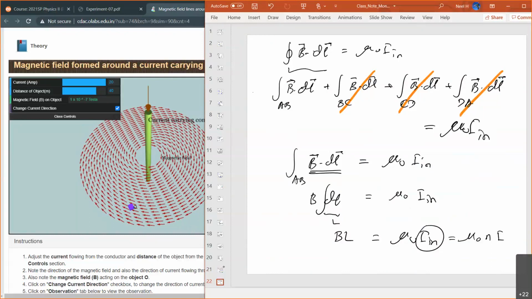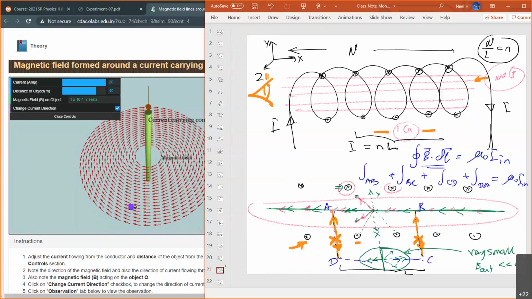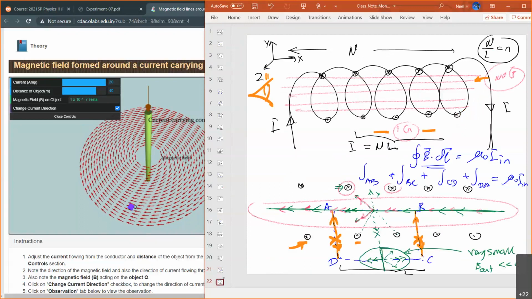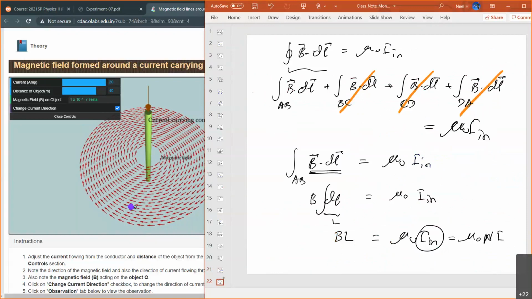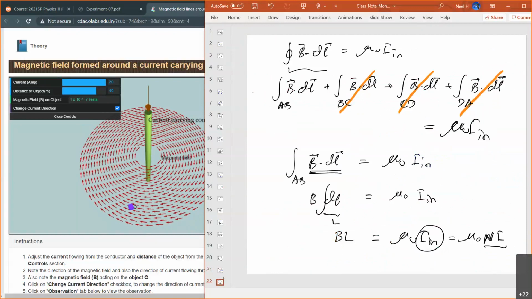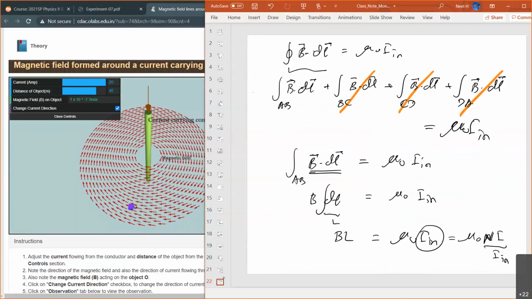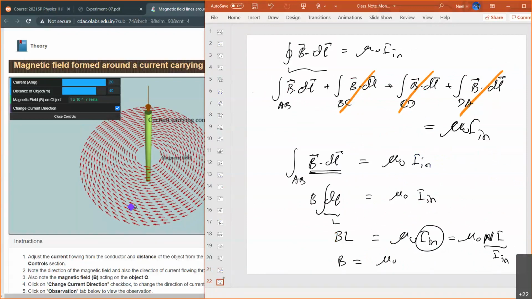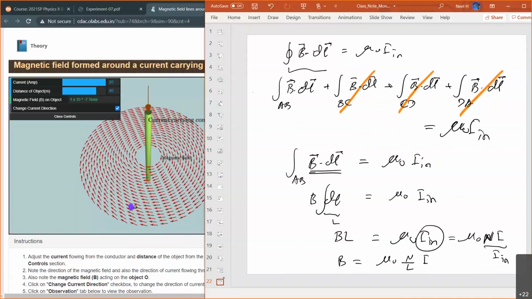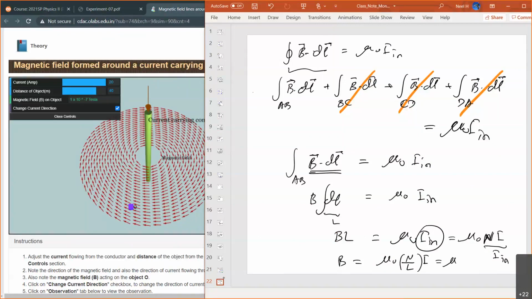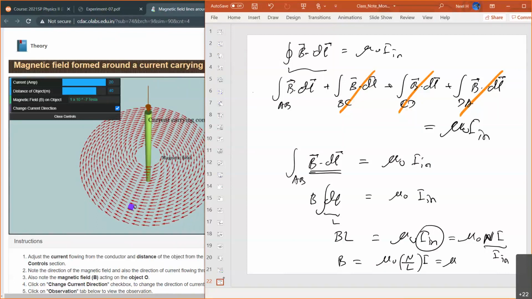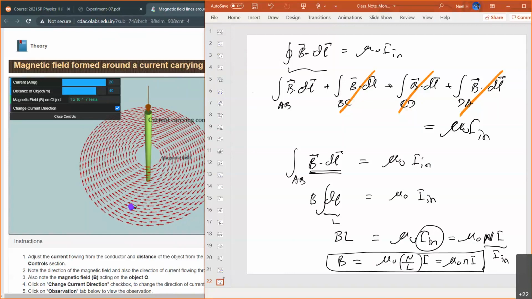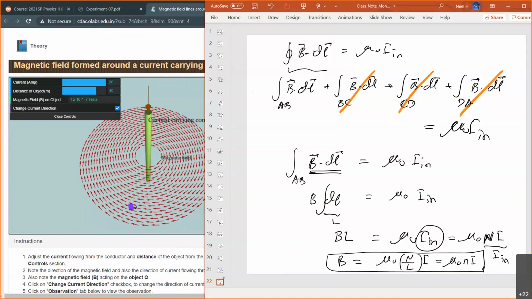Okay, sorry, total N times the I, total number of loops times the I, is the I enclosed, or the I inside. So the magnetic field we can write as mu 0 times total N divided by L times the I, where N over L is what we call the current loop density, okay? So that's the formula we needed for the magnetic field inside the solenoid, okay?